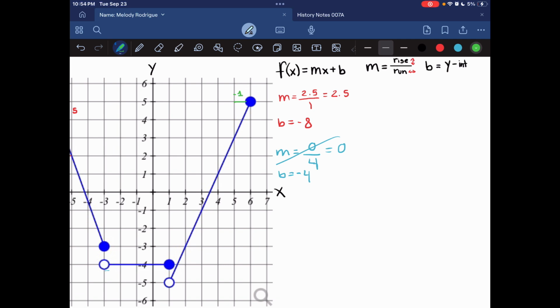And then it goes down where the line intersects the lattice point, which is going to be negative 2. And then, so m equals, the rise is negative 2 over negative 1, which is going to be just 2. Because a negative and a negative makes a positive.